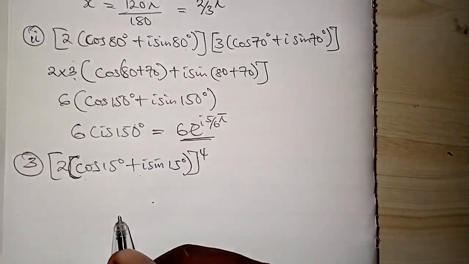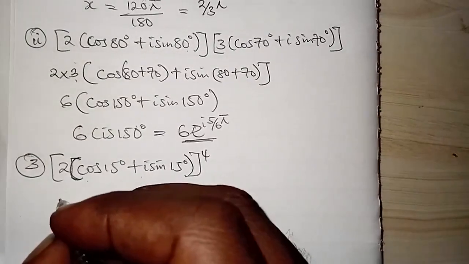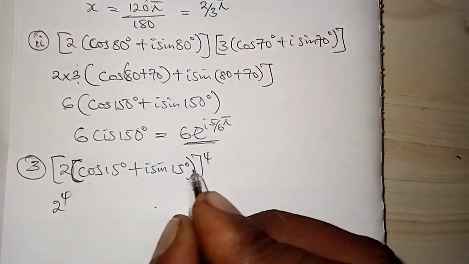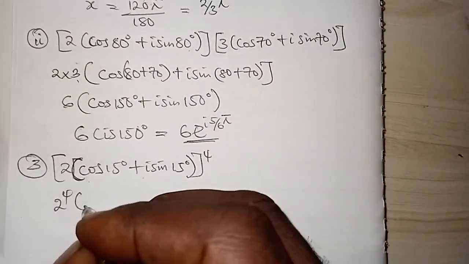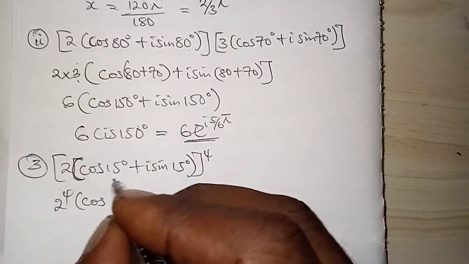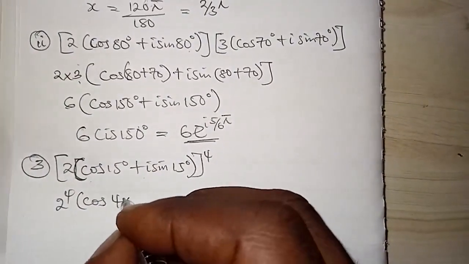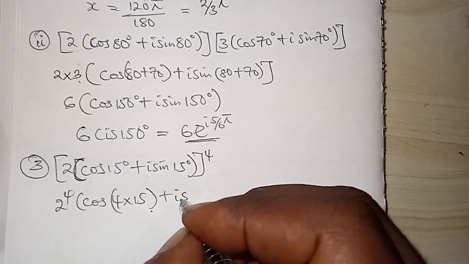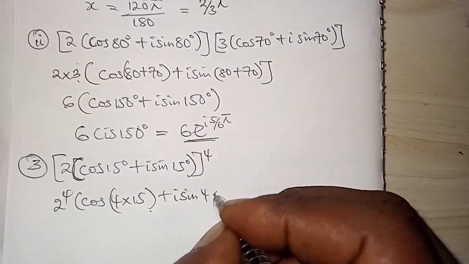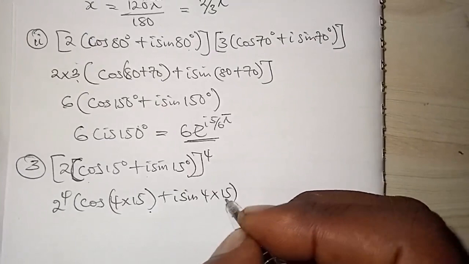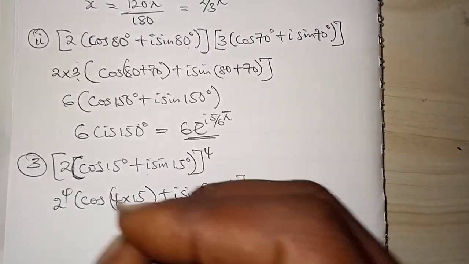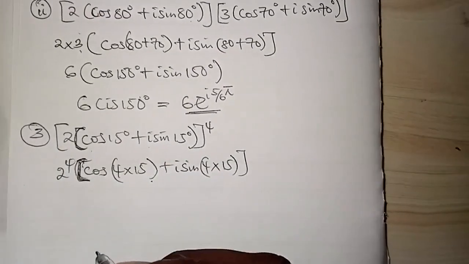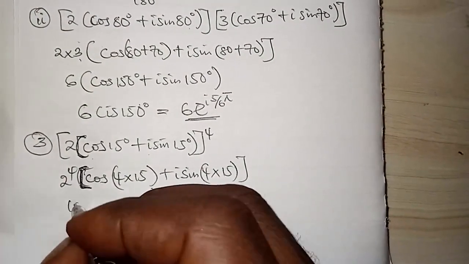What we are going to do is say 2 raised to the power 4, because this power is for all of them. But for the angles, we say 4 times the angle plus i sine 4 times the angle. So 2 raised to power 4 is 16.